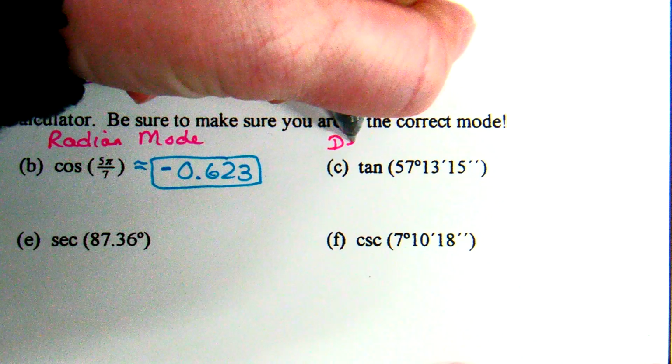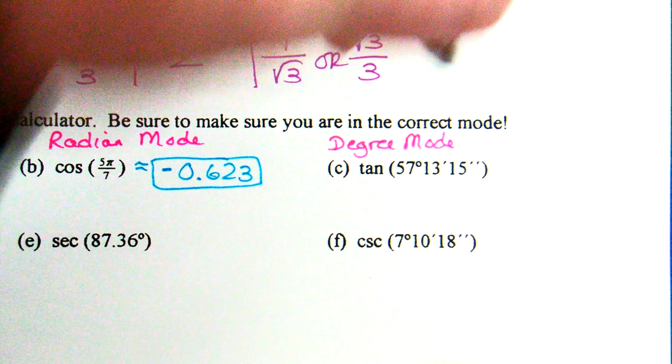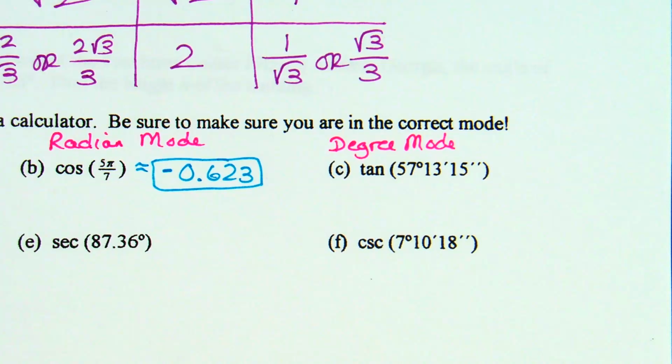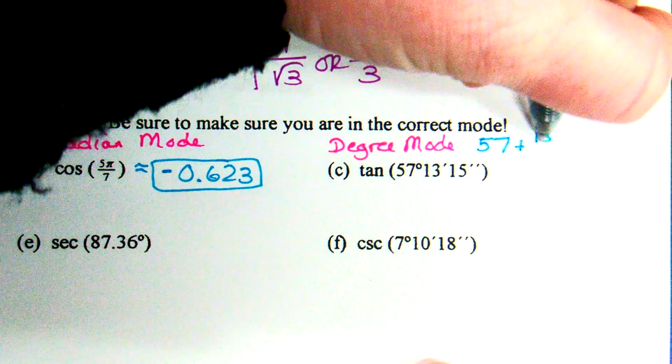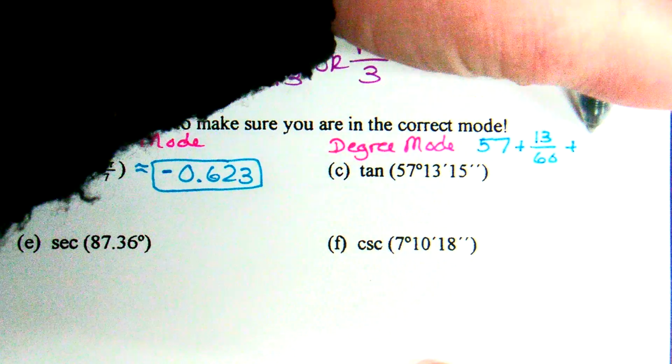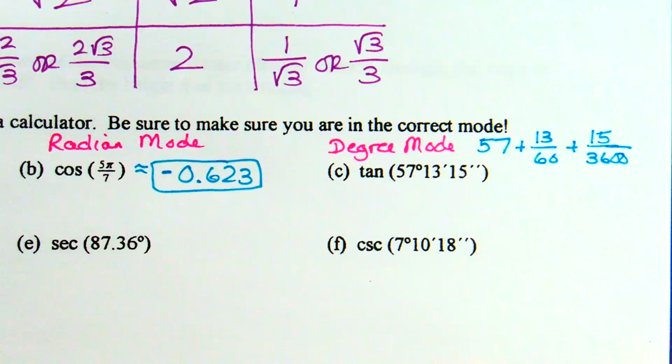Do you remember from last week how to change that to flat out degrees? Yeah. So it's going to be the 57. You're going to add on your minutes of 13, divide by 60, and your seconds of 15, and divide by 60 squared, or 3,600.